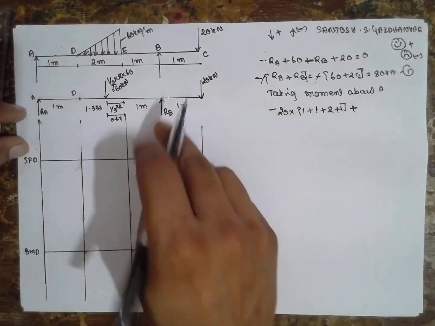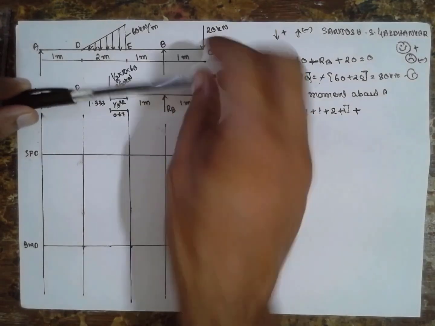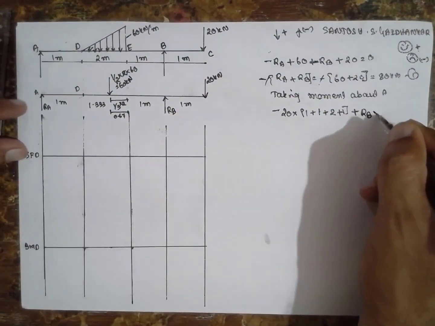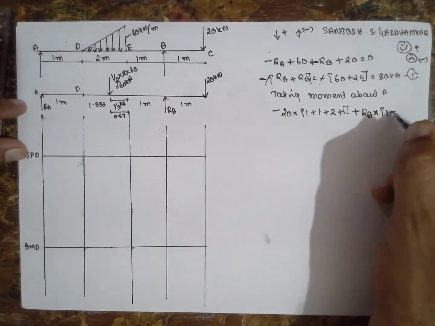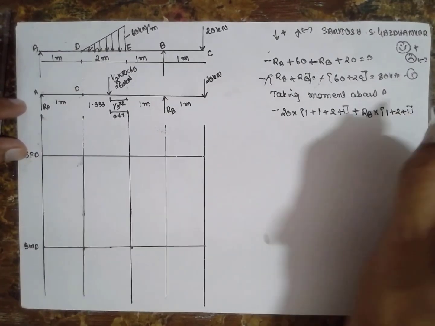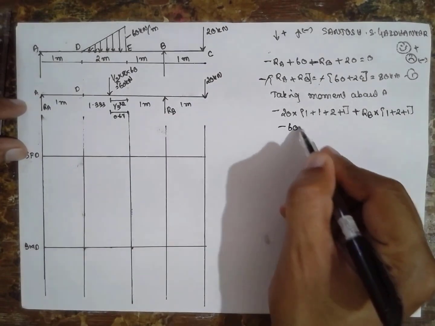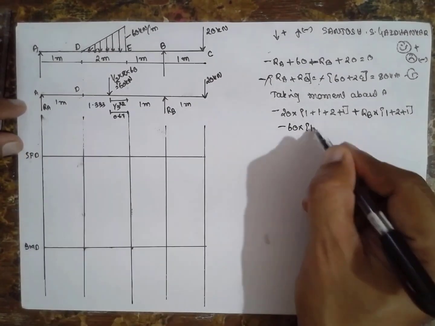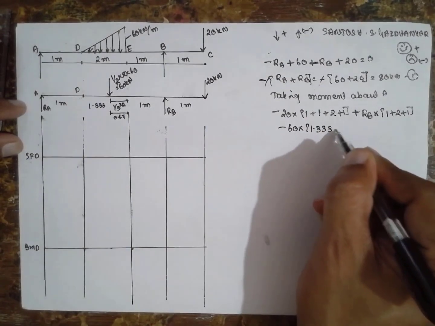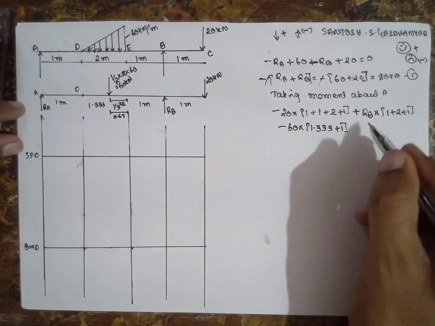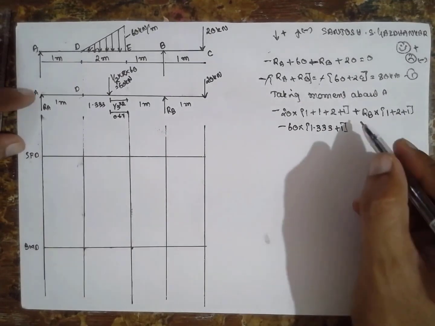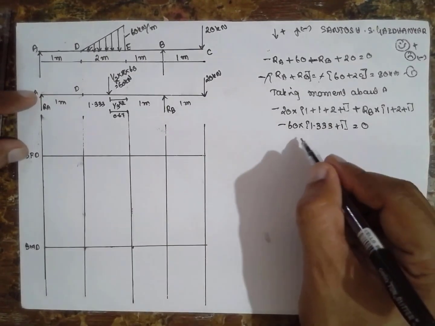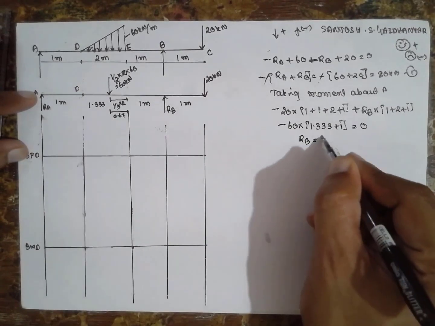Plus, now here RB is the smiling face. Then plus RB into distance, the distance will be 1 plus 2 plus 1. Similarly, minus 60 into distance, that is 1.33 plus 1 plus 1, is equal to 0. You will get RB is equal to 60 kilonewton.